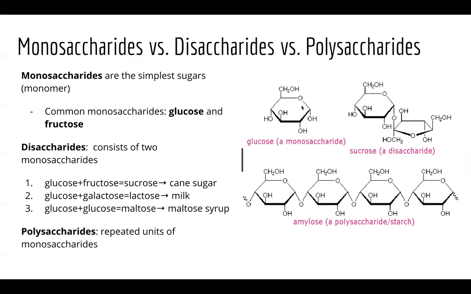Once we join two simple monosaccharides together, we form something called a disaccharide. Some of the common disaccharides that we see in daily life: when you combine a glucose and a fructose together, it forms something called sucrose. Sucrose, what is sucrose?